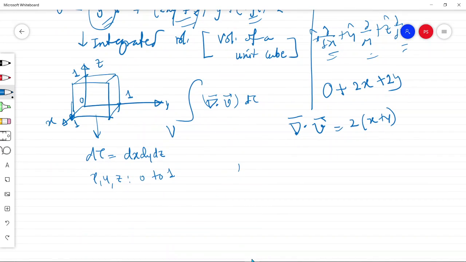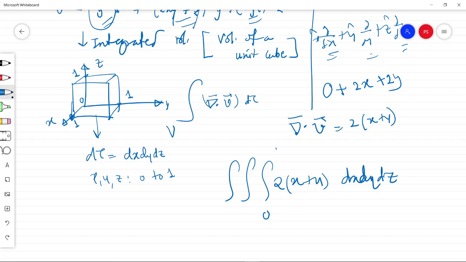Now this has to be integrated over the volume. So we should write it as a triple integral of 2 times (x plus y) dx dy dz, all of them running from 0 to 1.